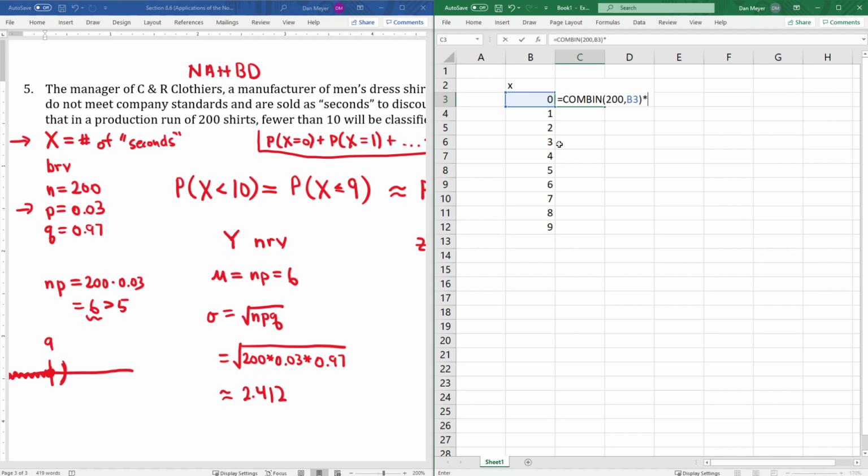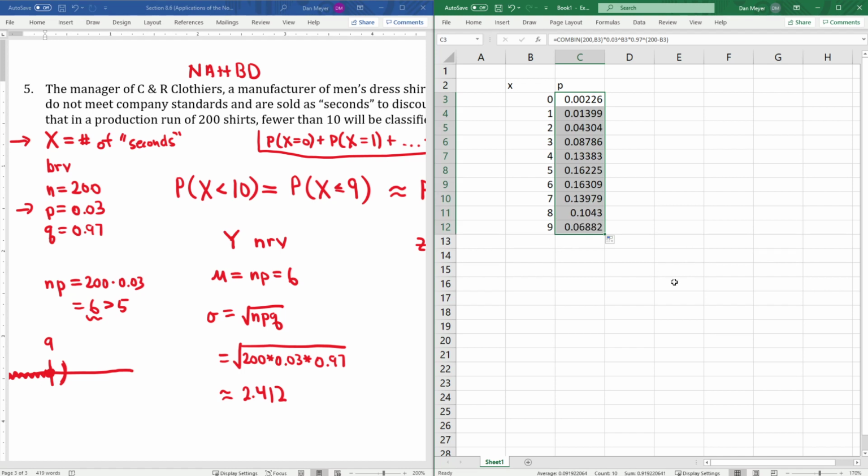That would be, in this case, 0.03 to the x. That would be that cell right here, times q, 0.97 to the n, which is 200, minus x. Okay, so there would be that first probability, and then Excel's really sweet, allows you to drag that formula down.